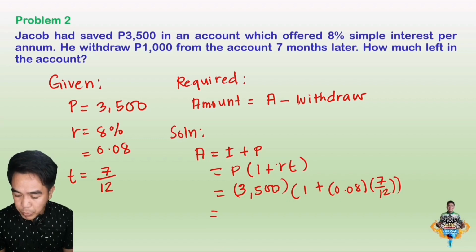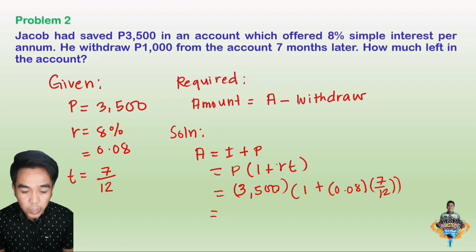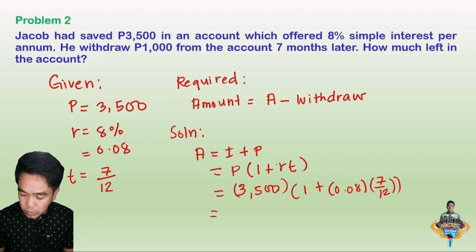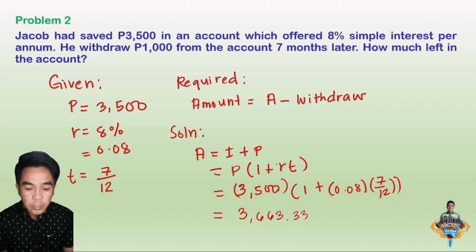So that becomes 0.046666 and so on. Add to 1, then we have 1.04666 and so on. Then we're going to multiply it by 3,500. So we have now 3,663.33. So this would be our accumulated value.